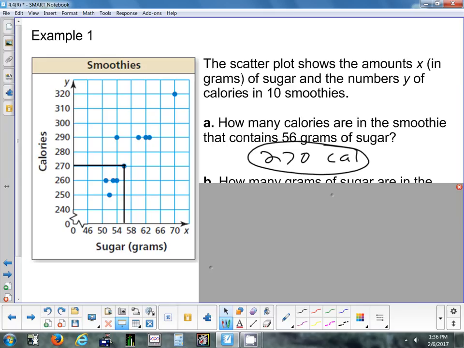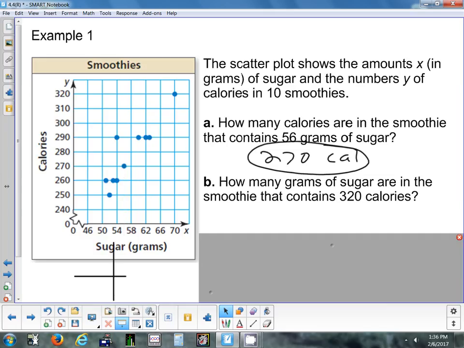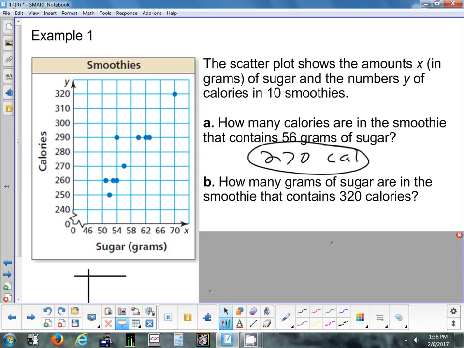All right, so Antonio, you were going to say something about part B. Okay, so go ahead. Tell me, how can I figure this out? You go in 320. Okay, so we go up to 320. You just go as far as you can so you hit a point. Yeah, okay, we just hit a point. That's fine. And then what? I look down and see that it's 70.